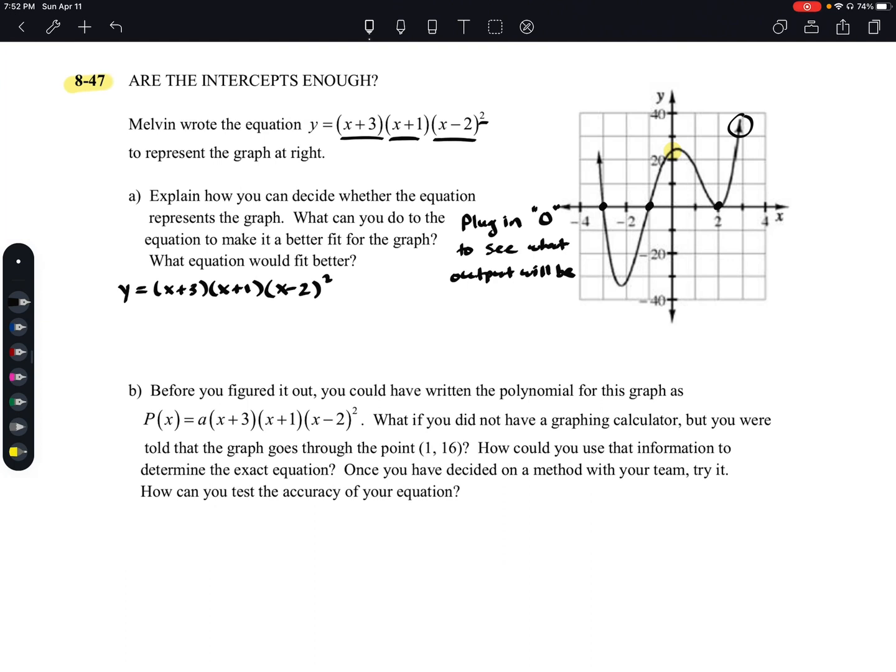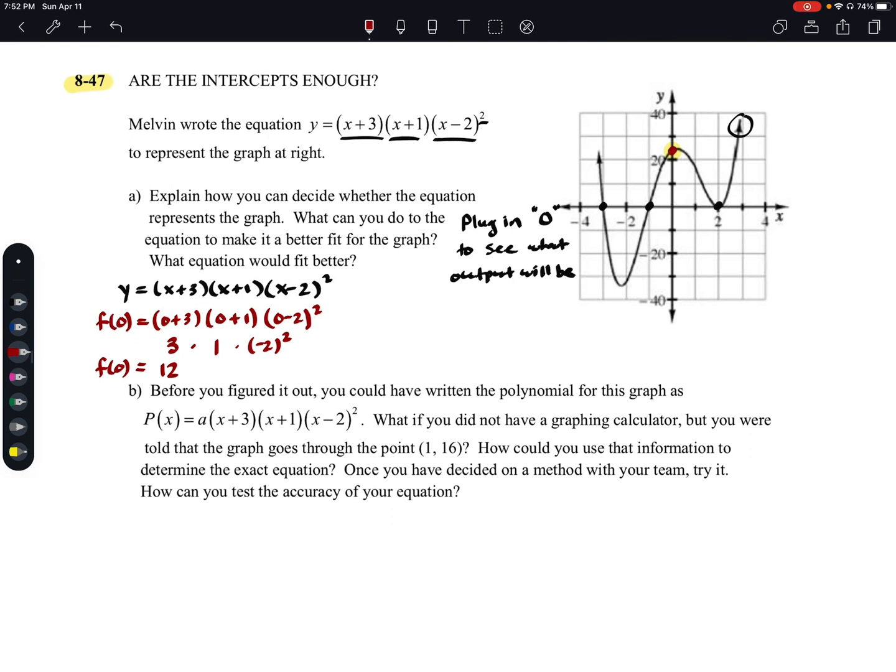And when I plug in 0, I'm going to do just like f of 0. I'm going to say 0 plus 3 times the quantity of 0 plus 1 times the quantity of 0 minus 2 squared, which is going to give me a 3 times a 1 times a -2 squared, which is 4. And you'll see we get 12. When I plug in 0, I get 12 out.